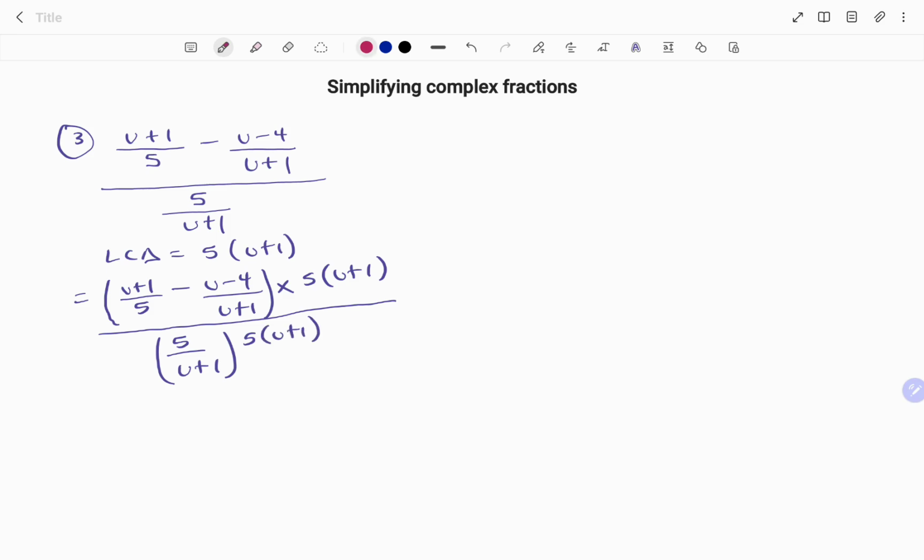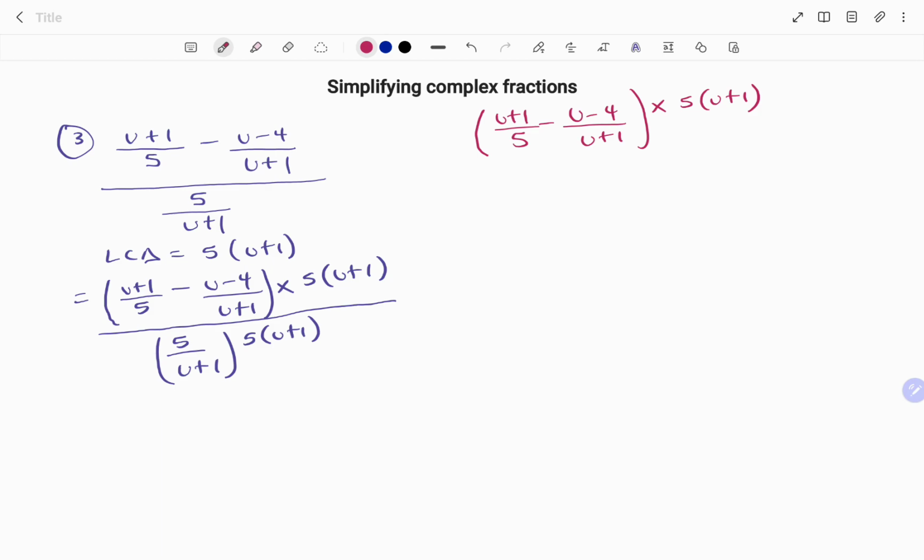If I simplify each one, let me show you how to do that. For the first one at the top, I have u plus 1 over 5 minus u minus 4 over u plus 1, all multiplied by 5(u plus 1). The term outside, which is 5 in brackets (u plus 1), is going to multiply all the terms inside the bracket, the binomial.